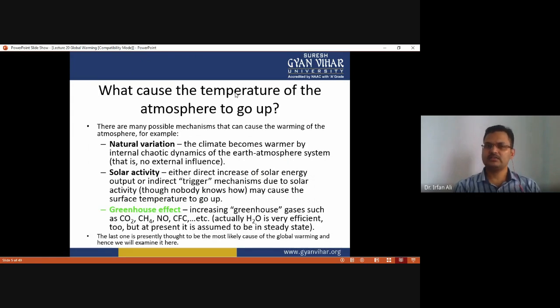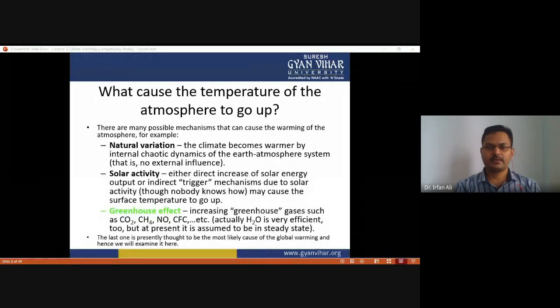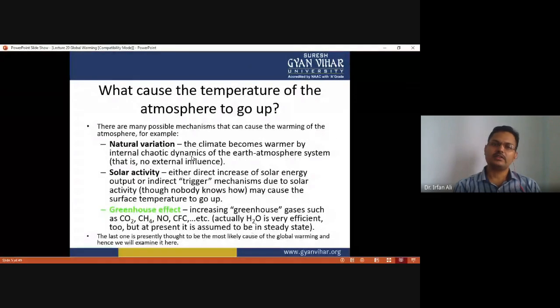And what causes the temperature of the atmosphere to go up? There are many causes of this process. There are many possible mechanisms that can cause the warming of the atmosphere. These include natural variation, solar activity, and the greenhouse effect. All these contribute to the rising temperature of the globe.